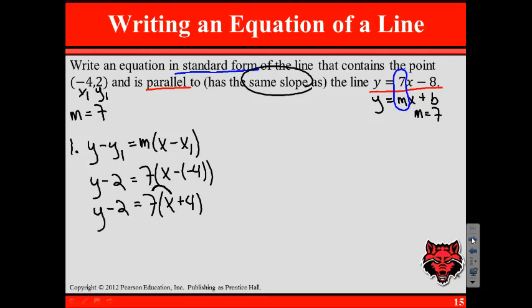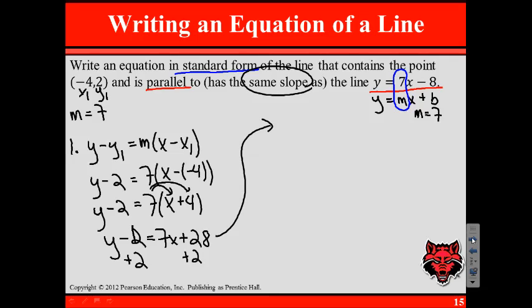Now we can distribute the 7. It gives us y minus 2 equals 7x plus 28. Let's add 2 to both sides. And when we do that, the 2's on the left side cancel, and we have y equals 7x plus 30.